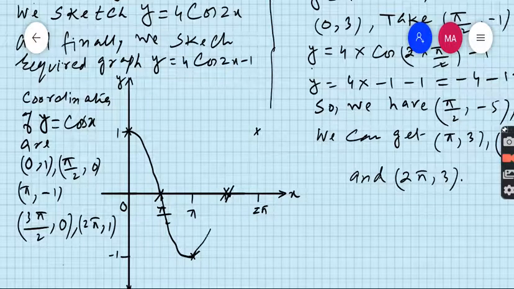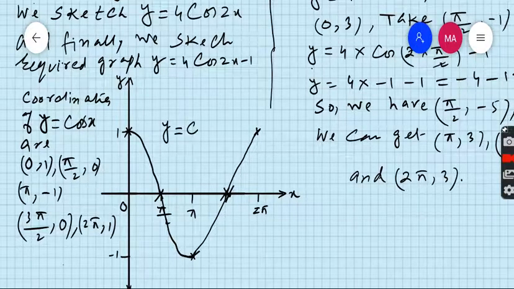Digital work is more complicated than pencil and paper work. So this is the graph of y equals cos x. I hope you will draw a very good graph as compared to my graph.